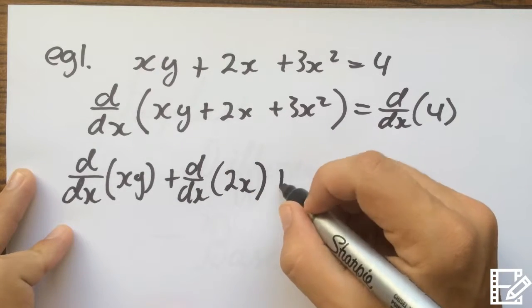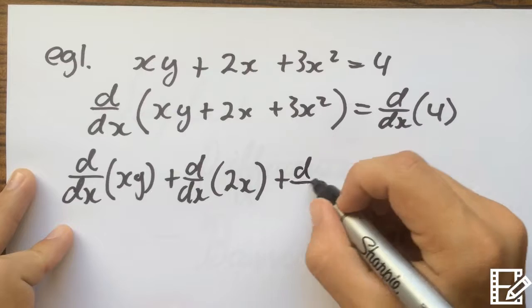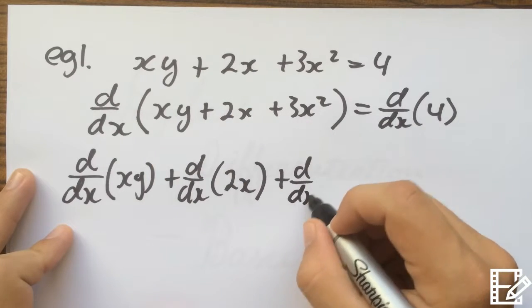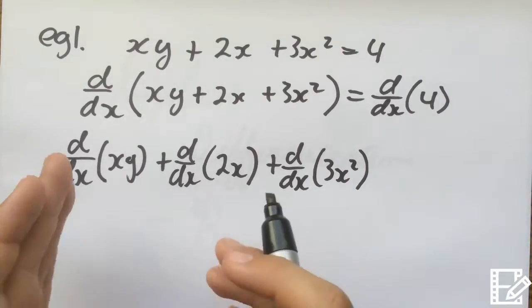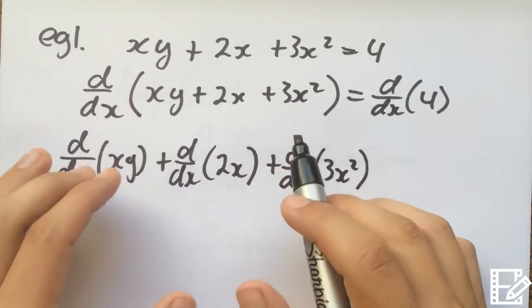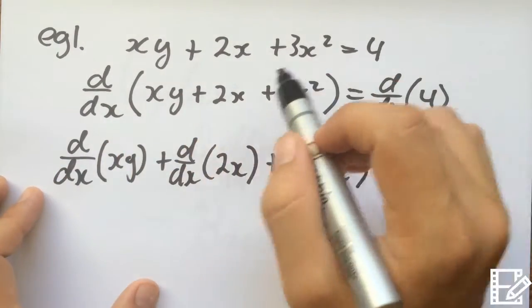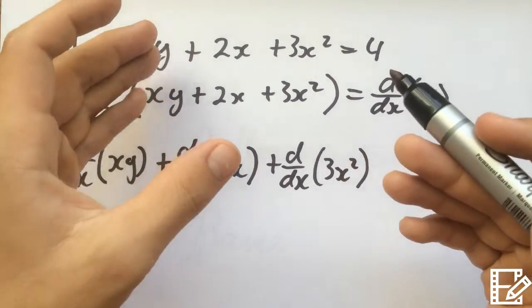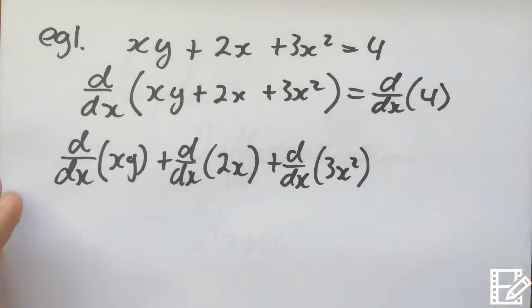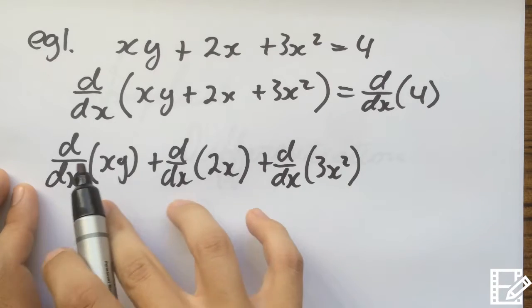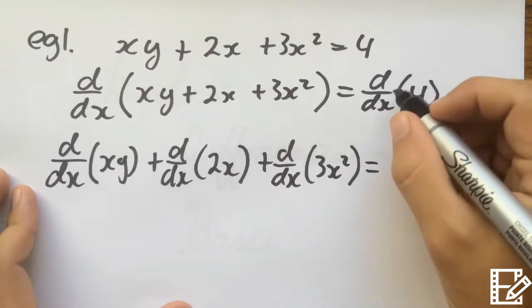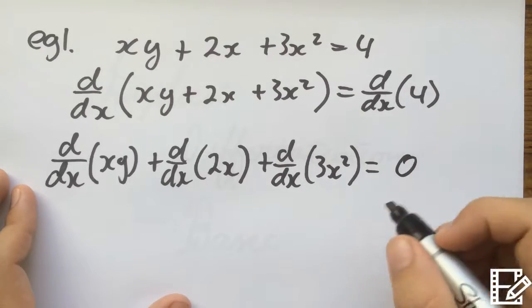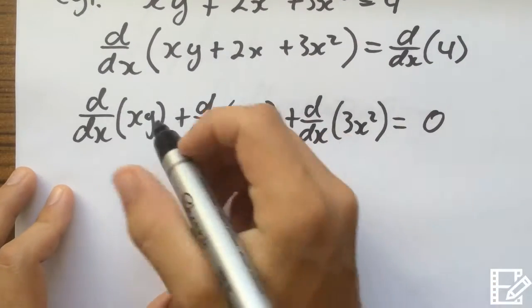Like if I was going to derive this, if it didn't have a y, I would normally not even do this step. I would just look at it and derive it. But because we have a y, because it's implicit differentiation, because I'm teaching you how to do it, we take these steps to make sure we don't mess up anything. And the derivative of 4 is just 0, because the derivative of a constant is 0.